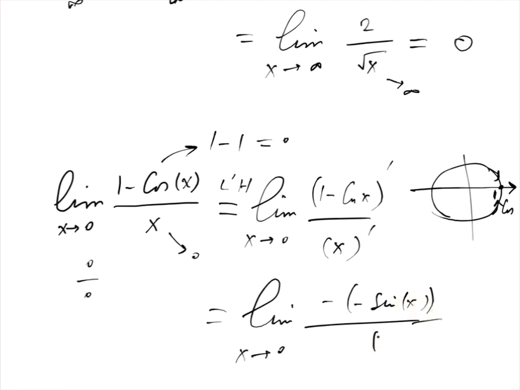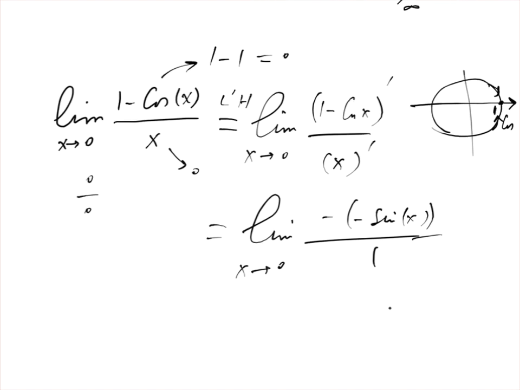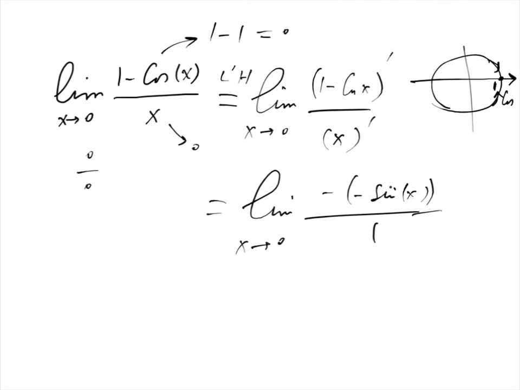The denominator's derivative is 1. As x goes to 0, sine x goes to 0. You can see it from the unit circle. This is the sine axis. So sine is 0 here. The y coordinate of that point is 0. So 0 over 1 is 0.